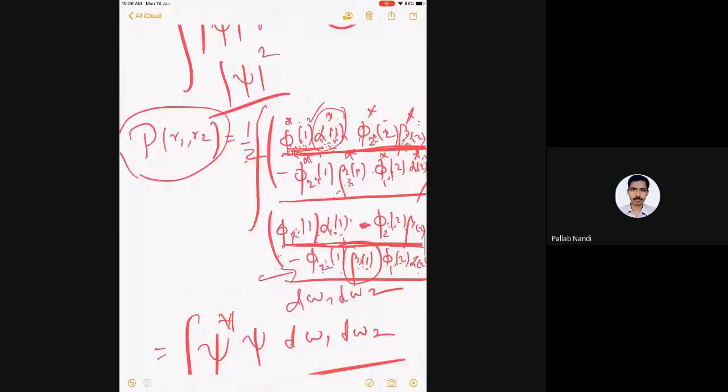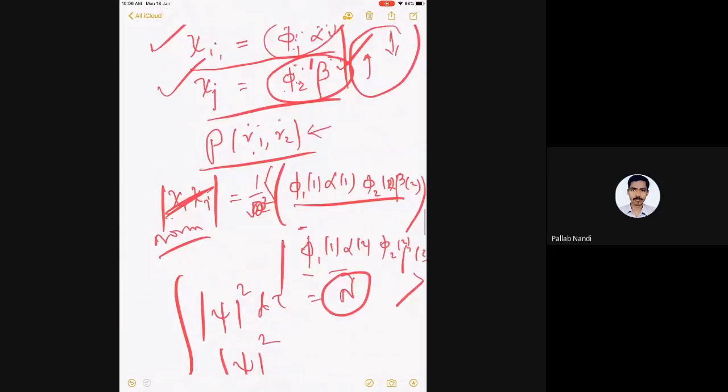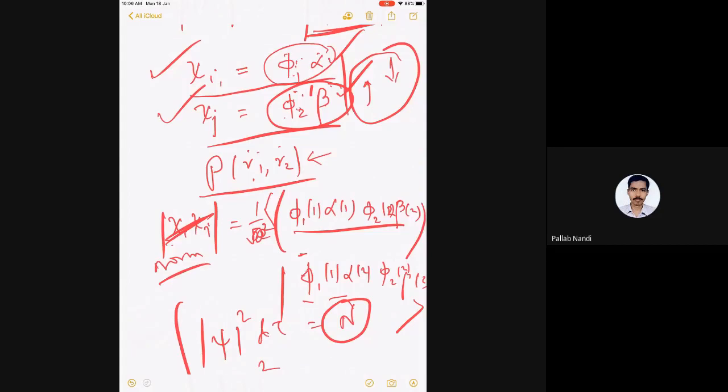When I have 2 electrons in an anti-parallel situation, alpha and beta, the space orbitals may or may not be the same, because antisymmetry can be done only with the spin. Because of the spin, an antisymmetric wave function can be constructed. But I have taken the general case of phi 1 and phi 2.